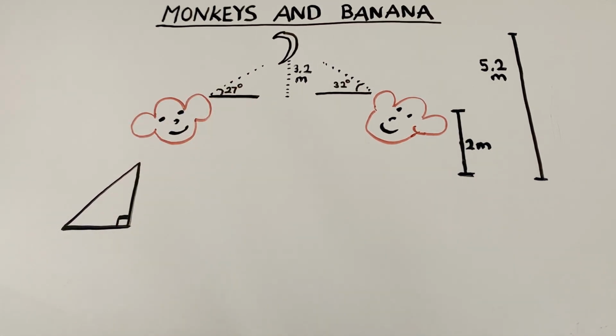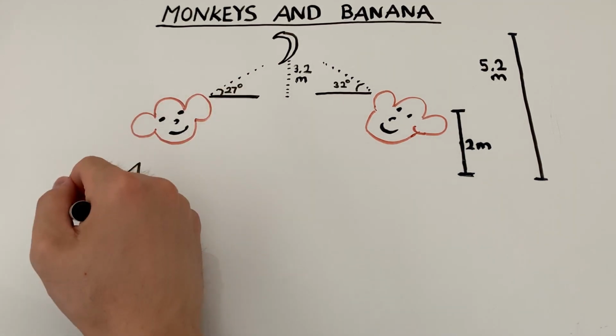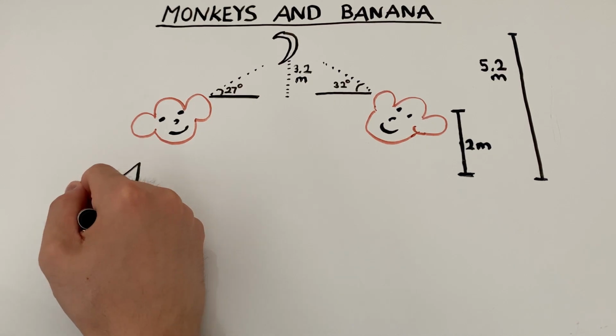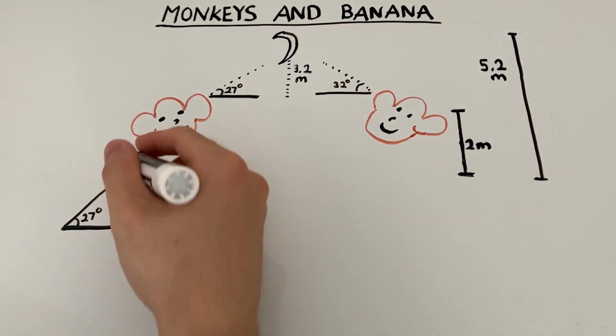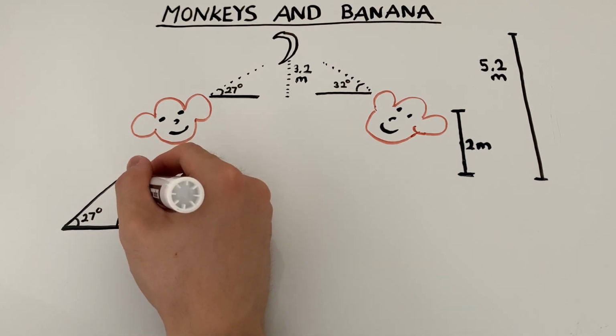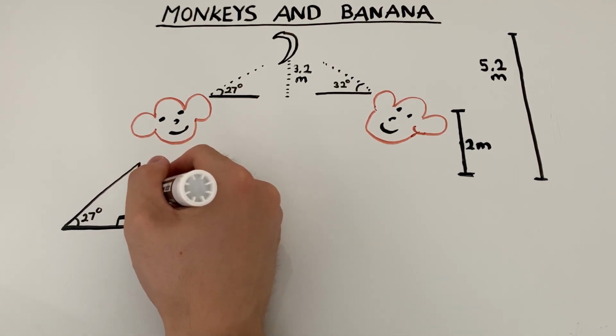So this is the first triangle, and this is going to be the one for the first monkey. So this monkey is looking up at an angle of 27. This vertical distance is 3.2 meters.